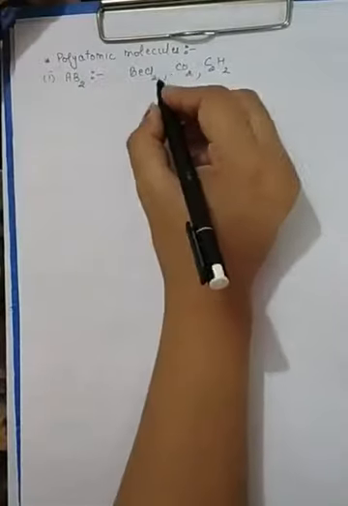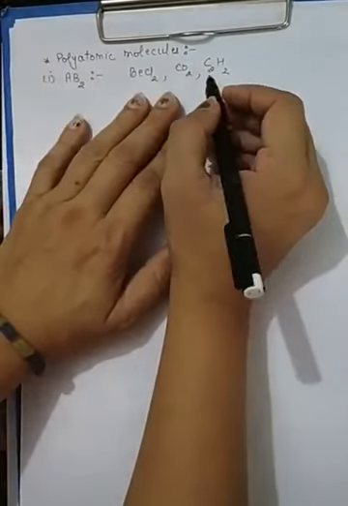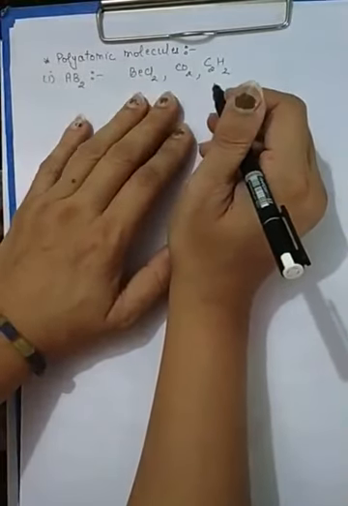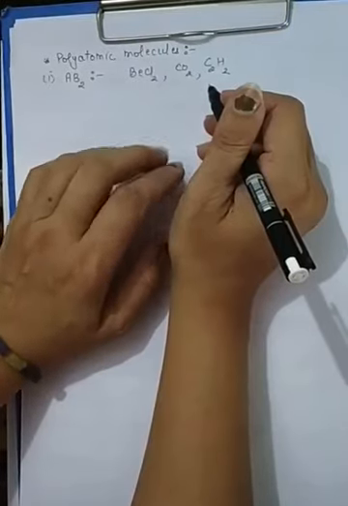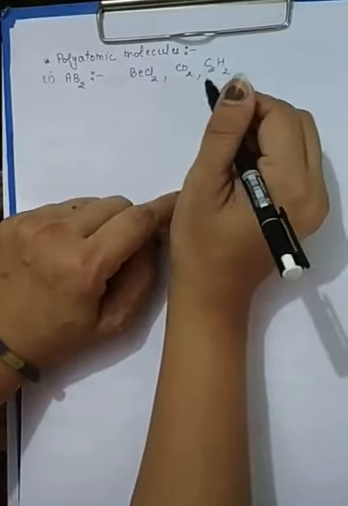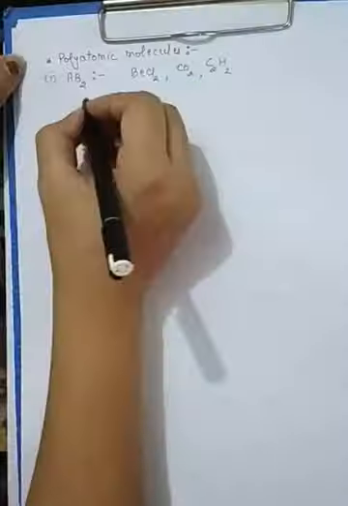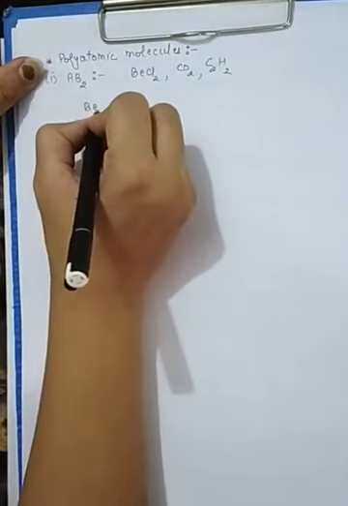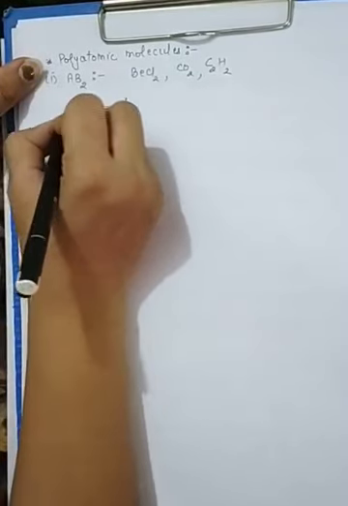Then to calculate the dipole moment or to identify the polarity, first of all we have to draw their structure. For example, BeCl2, its structure is linear.